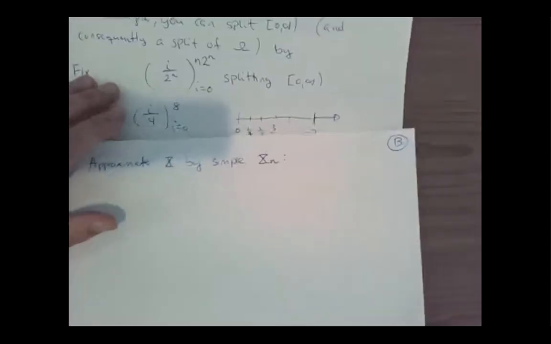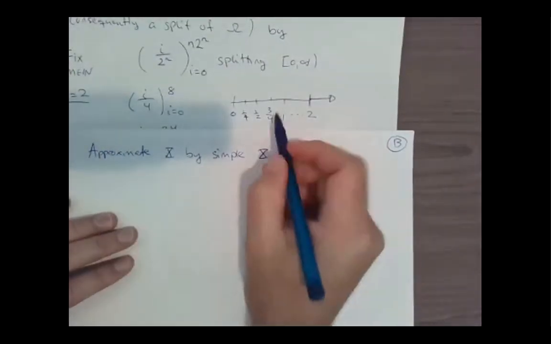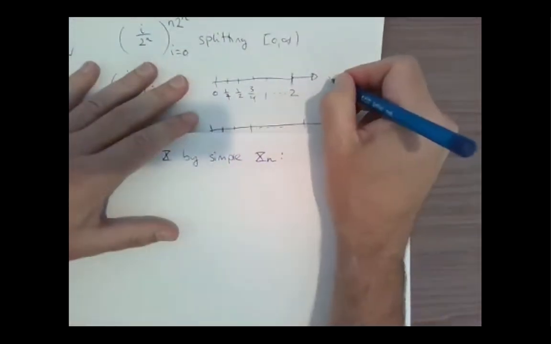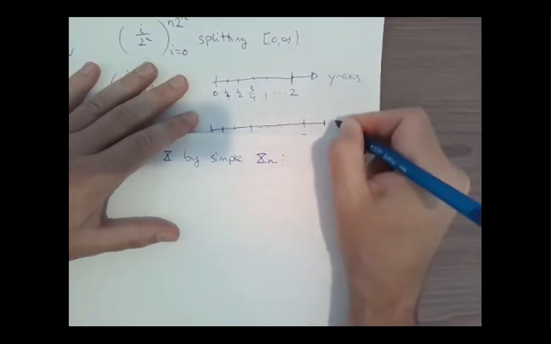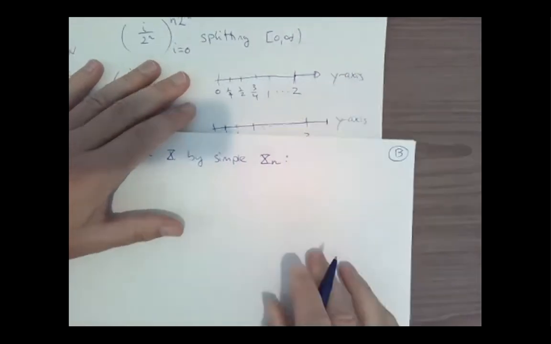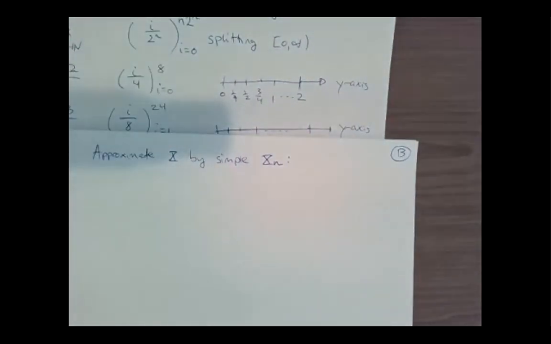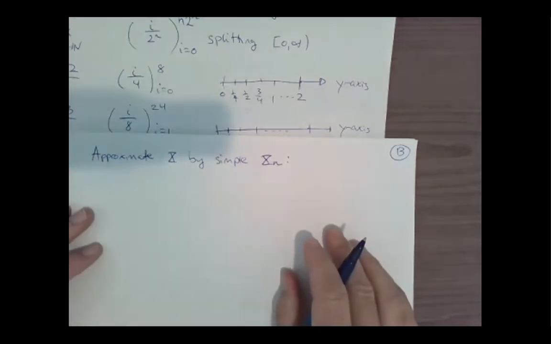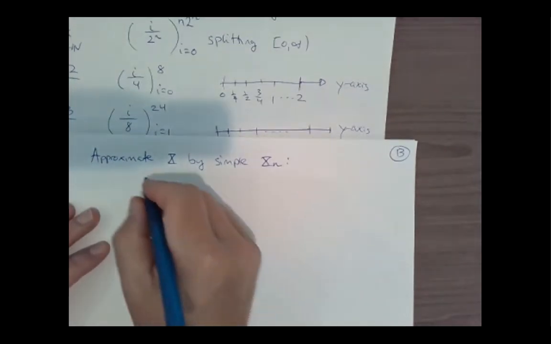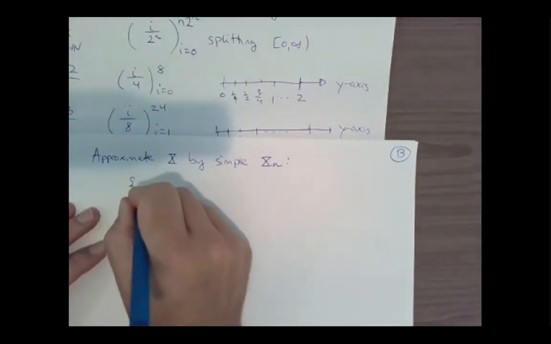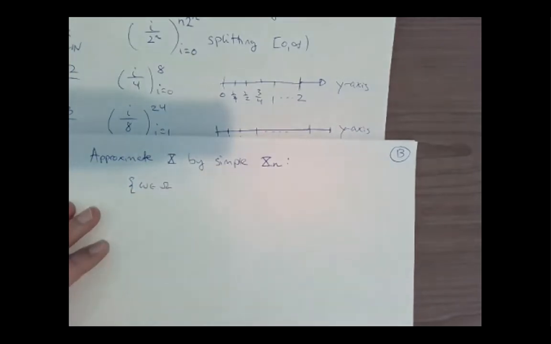Well, I'll look at my splitting here. This is my y-axis. So let me look at the set of omegas. So I'm splitting the y-axis.